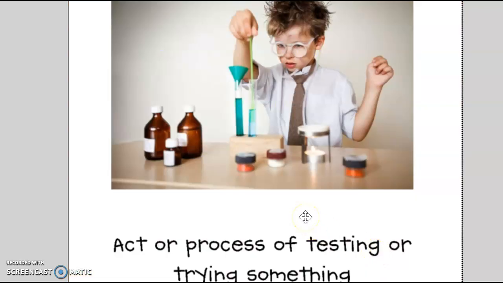In the visual box, you are going to draw a picture. This is just an example of something that you could draw. You could also draw something different, as long as when you see that picture, it helps you remember that the word trial means the act or process of testing or trying something.